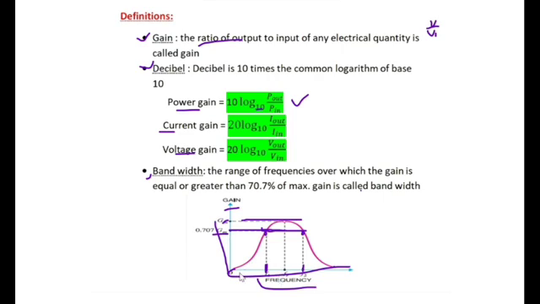The frequency range of operation of the amplifier is taken in this way, and the gain at the different frequencies is taken in this way. How the amplifier responds for a particular gain is considered the frequency response of an amplifier. So these are the definitions we have to keep in mind.